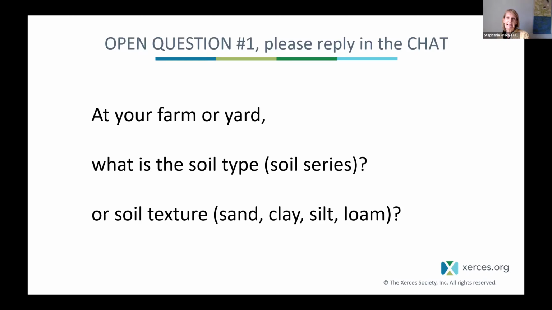And loam is a combination of those three. All right, and then I see this term latosol. That's an example of one of those soil orders. Those will end in the suffix sol. All right, great. Thanks everyone for chiming in there in the chat.